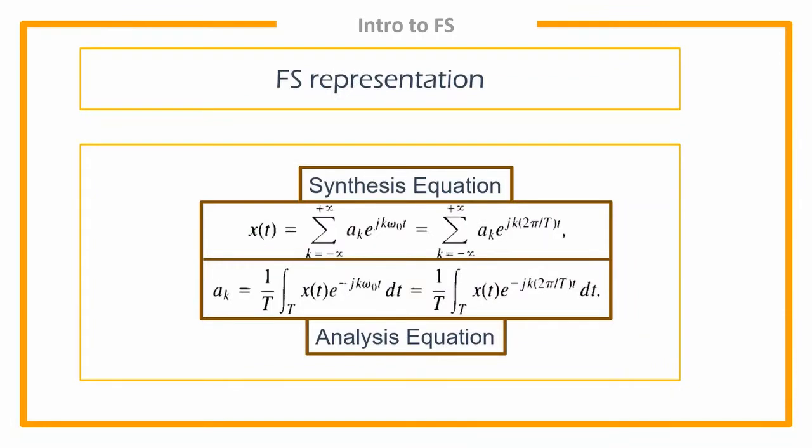Any periodic signal x of t can be represented using this expression, which is called the synthesis equation, and below we can find the coefficients of these complex exponentials. The expression for these coefficients is known as the analysis equation, which is given by this expression.